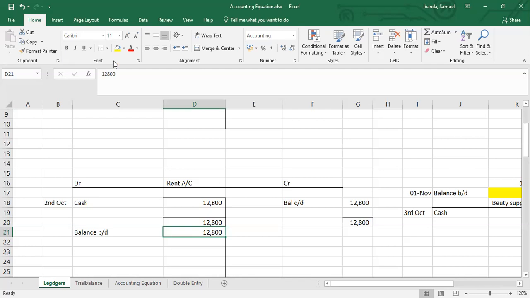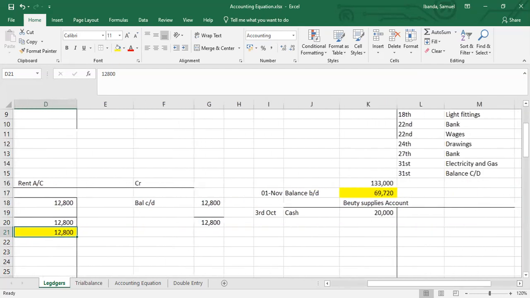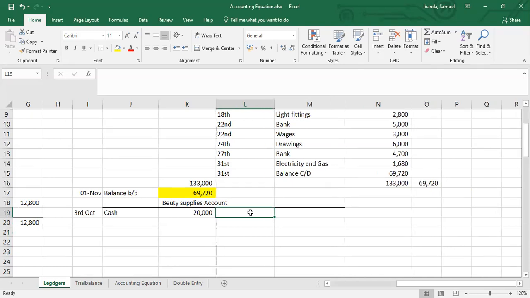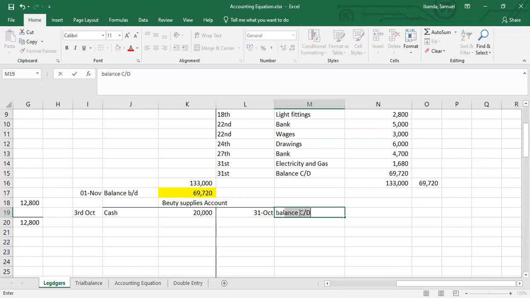Once I'm happy about my rent account, I'll move to the next account, right here. These were beauty supplies, just like the way you can have inventory. This is a column for date, so I'll just start from here. You can include the date, 31st October. Remember, this is your balance carried down.